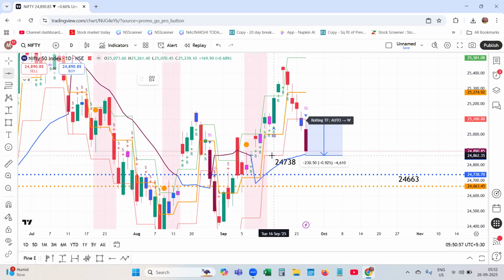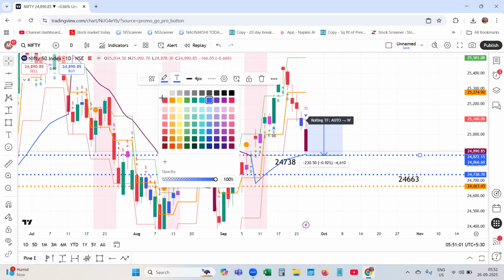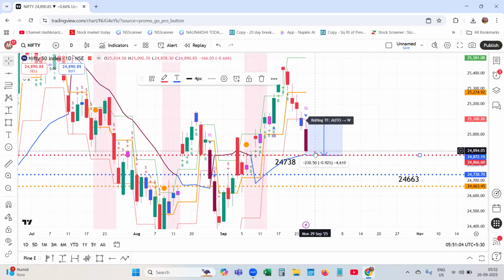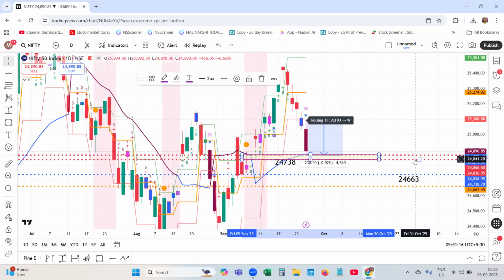Let me mark this with the red color. Any pop down below this, there are two levels over here. It is a support zone, 24,841 to 24,868.